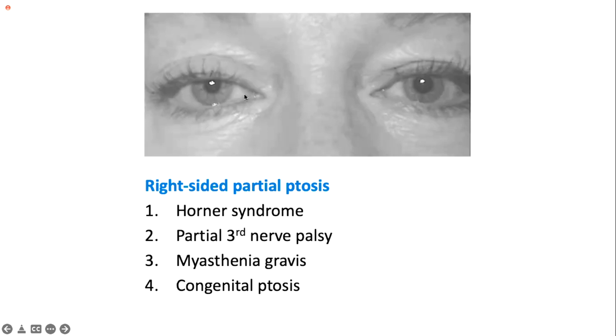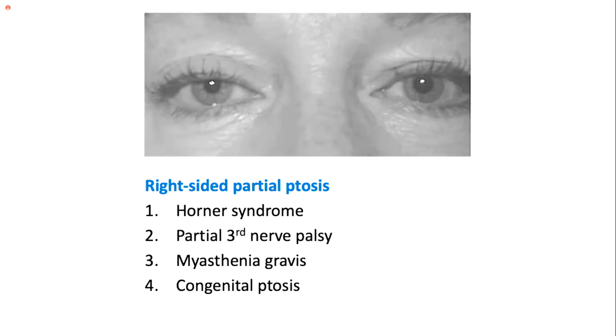You see, we started off with this inspection, where we saw this partial drooping of the eyelid. So just by inspection, we came to the assumption that it is either a weakness of the Muller muscle or the levator. Then we know the Muller muscle is supplied by the sympathetic nerve, the levator muscle by the oculomotor nerve.